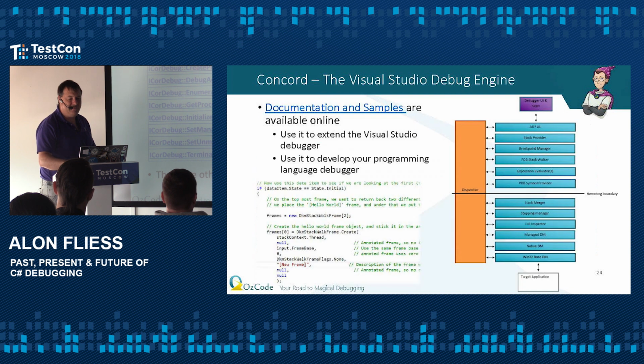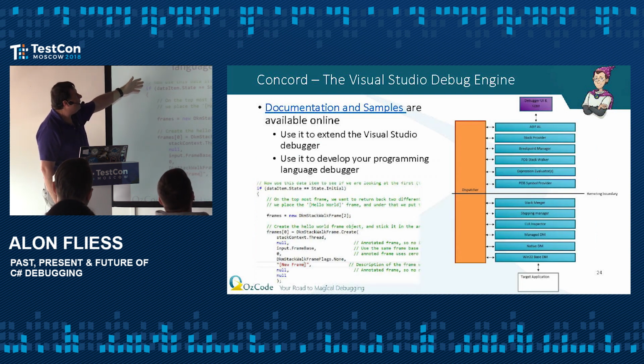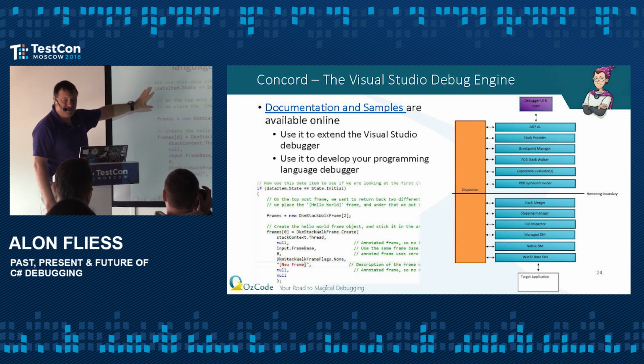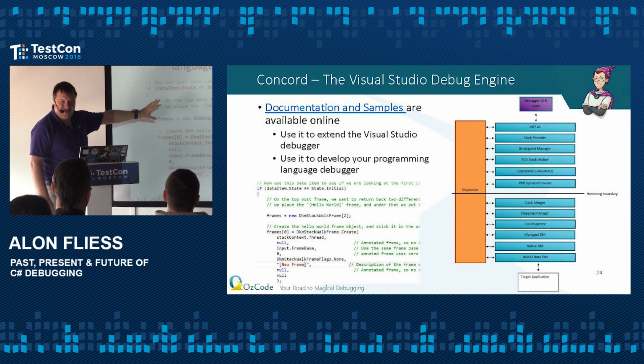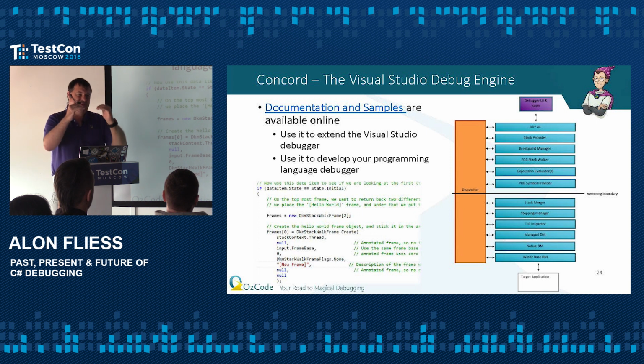And if you want to extend Visual Studio, you get another mechanism, okay, which the name is Concord. It's open source. Most of it is open source, and actually in OzCode we use it. And you can change many different things that Visual Studio does in the debugger, okay? So you see that there are layers from the API to .NET to Visual Studio.